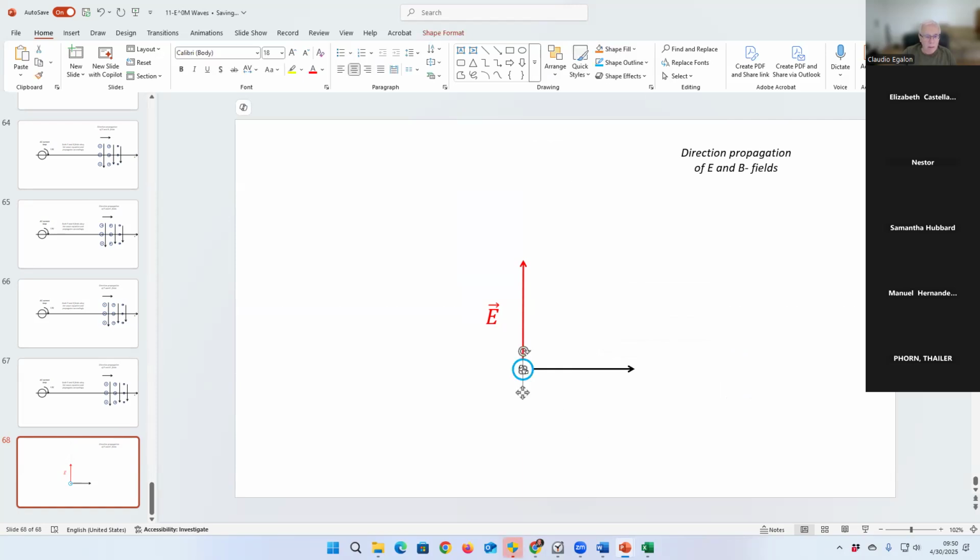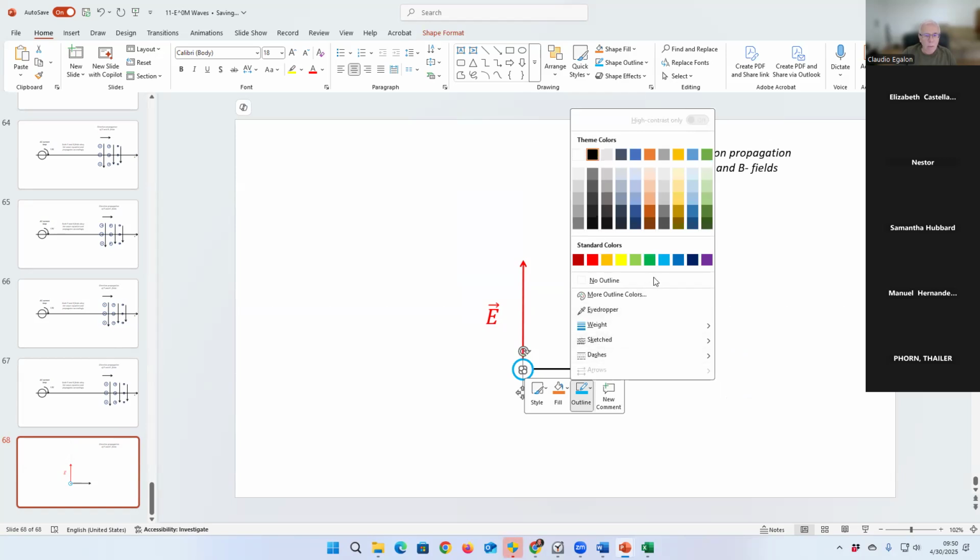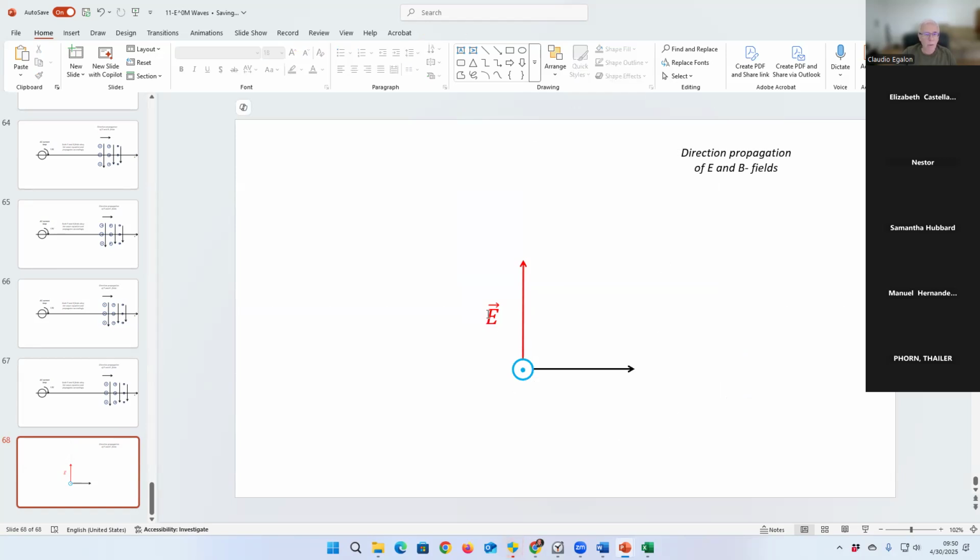And this one here is going to be my magnetic field. And this other one here is going to be my Poynting vector. The Poynting vector, like I mentioned, tells you the direction of propagation of the electromagnetic wave.